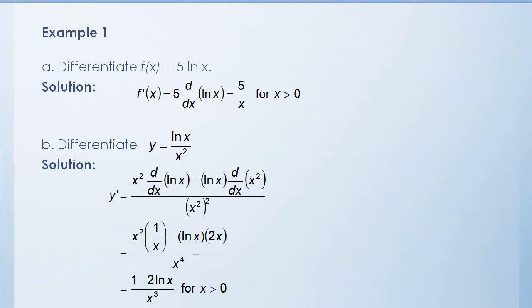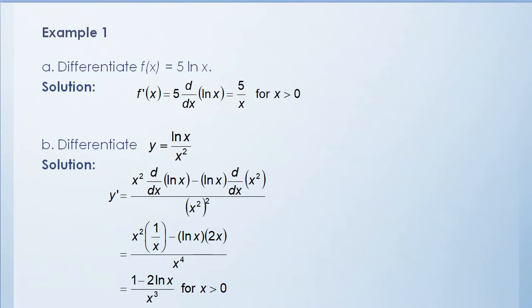Since ln x and x squared are both differentiable functions, we can use the quotient rule. Let u equal to ln x, v equal to x squared. So dy/dx or y prime equals v du/dx minus u dv/dx divided by v squared.